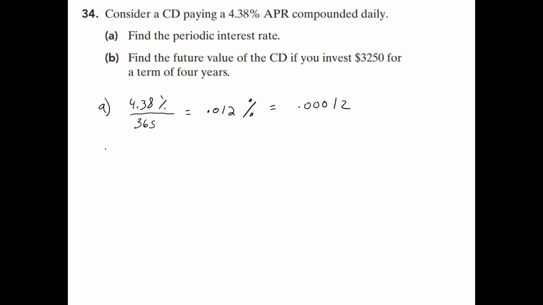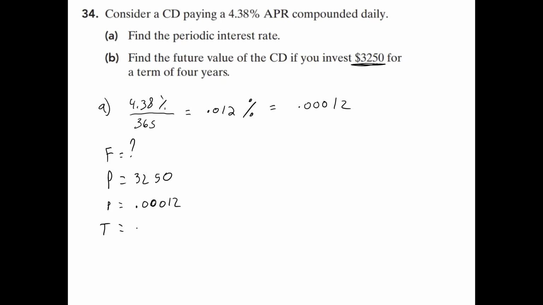Now, we do this one a little slower. We want to find the future value. That's what we want to find. The principal, if you invest 3250, that's 3250. The little p is the 0.00012, and then the t, you're doing this every day for 4 years.